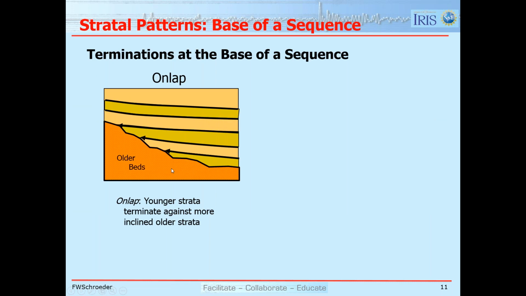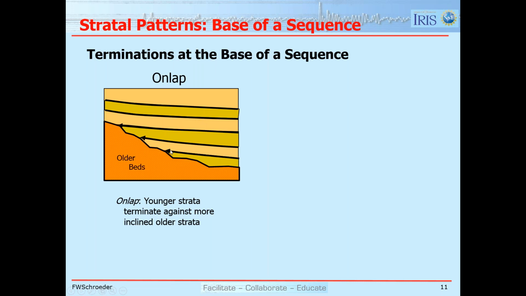They talk about onlap terminations. In the darker orange, these would be older units, and I'm looking at what's deposited on top of those older beds. I have either stratal packages that I could see in outcrop, or peaks and troughs that I would see on seismic.